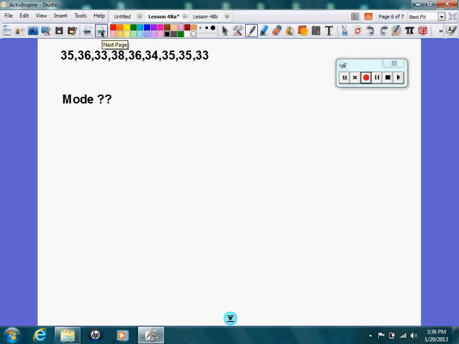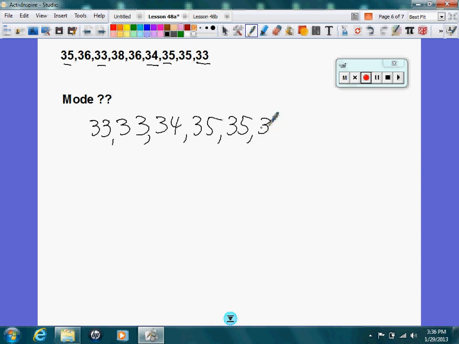Now, what is the mode? The mode is the number or piece of data that occurs most often. Here again, it's probably best to arrange these in increasing order: 33, 33, 34, 35, another 35, another 35.